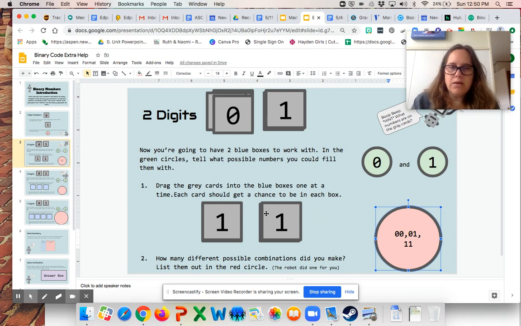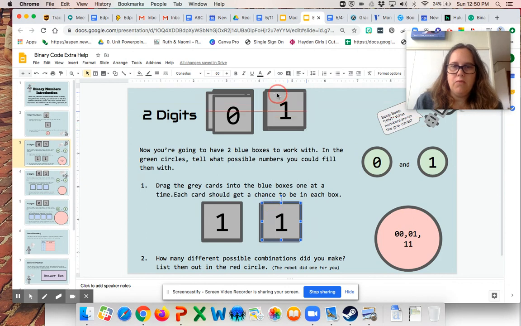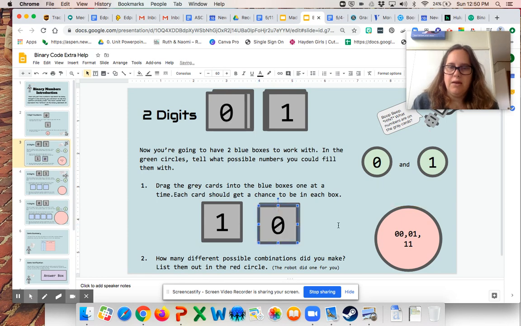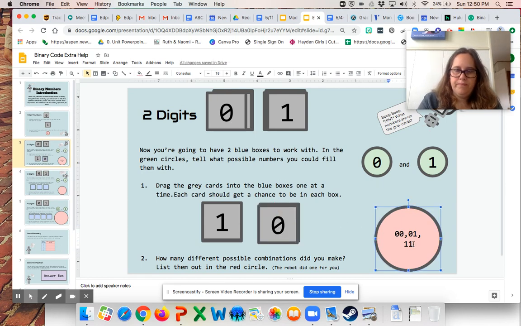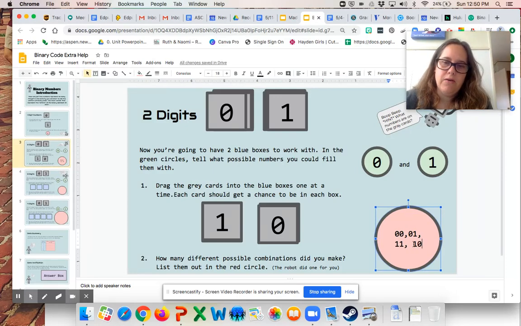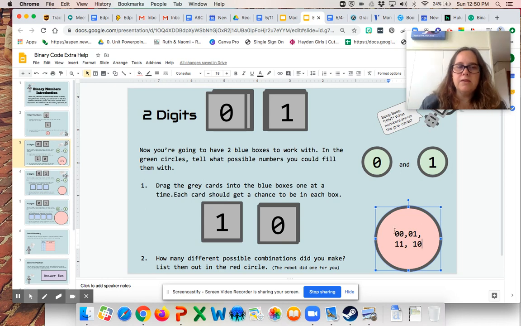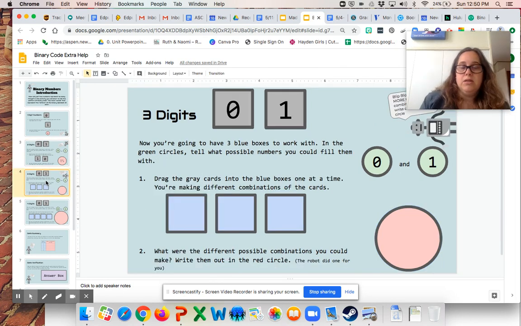And now, just to be interesting, if I take that 1 away, we'll put the 0 back, I can get 1, 0. And so for a two-digit number in binary, there are actually four combinations you can make: 00, 01, 11, and 10. Let's see if we can do this for our three-digit number.